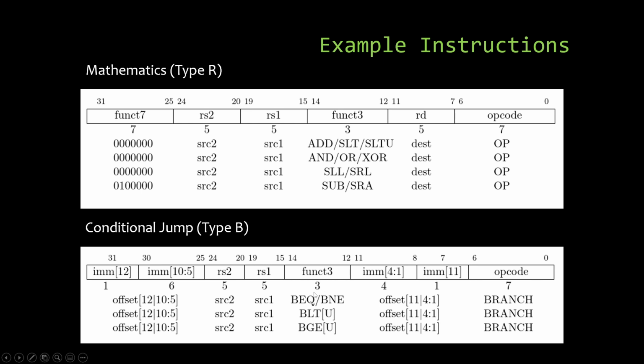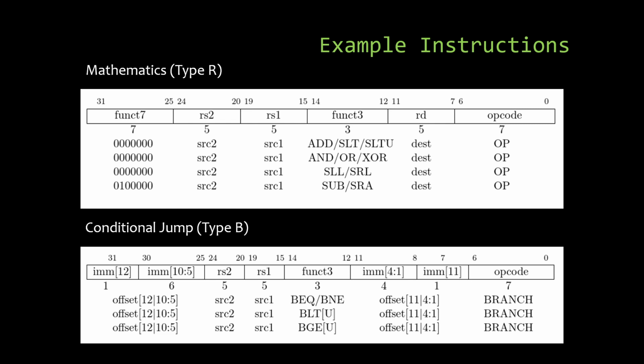Then we have the conditional jump, where we take a condition, say equal, not equal, less than, greater than, or greater than or equal to, as is the case for this last value here. And we compare the first register and the second register, these 2 values, and it will take the branch.